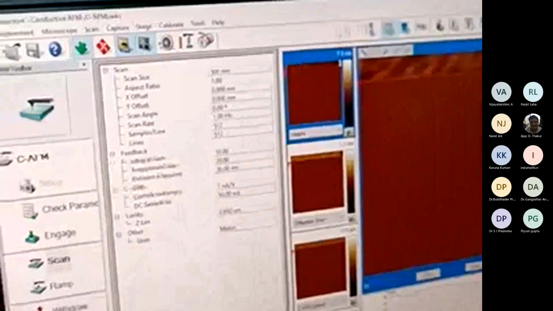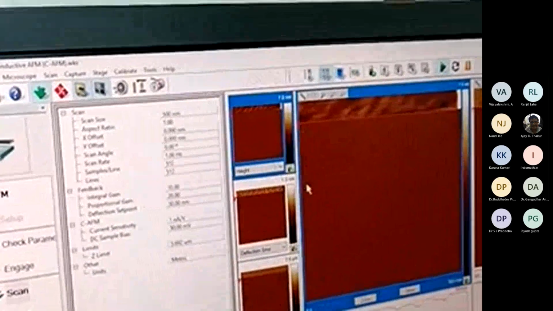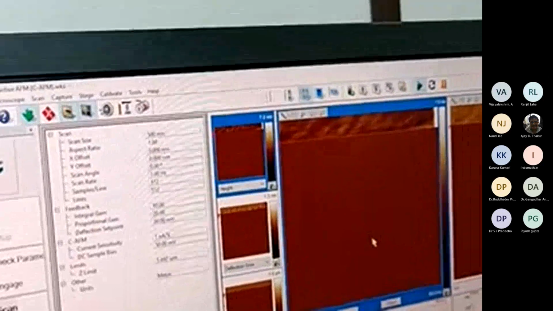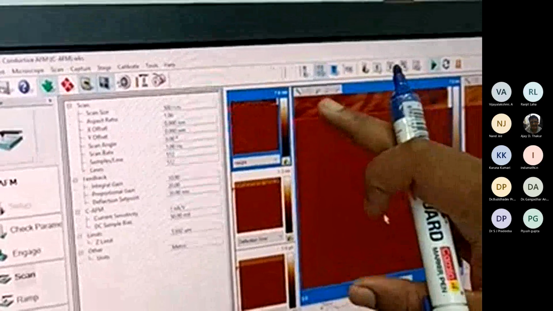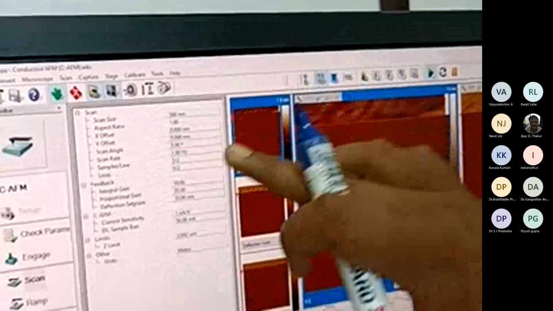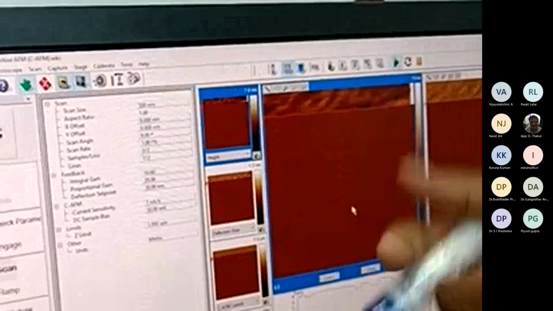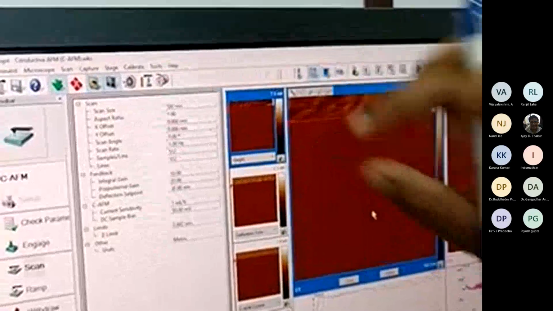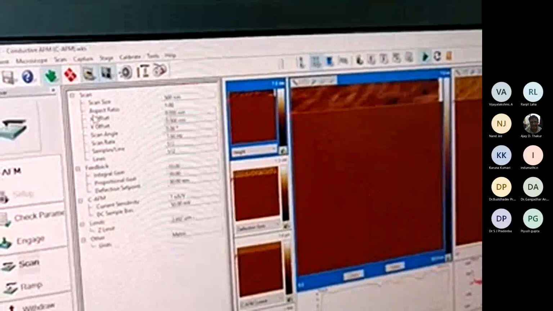Then X offset and Y offset. Suppose the maximum we can scan is 20 by 20 micron here, and we want to scan an area in the corner. In that case, like a coordinate, we can shift the position of the cantilever by putting X offset and Y offset.